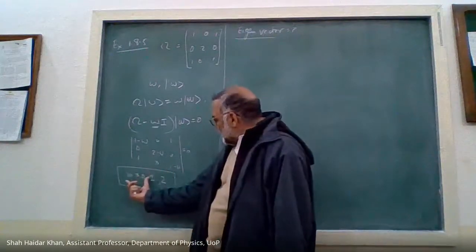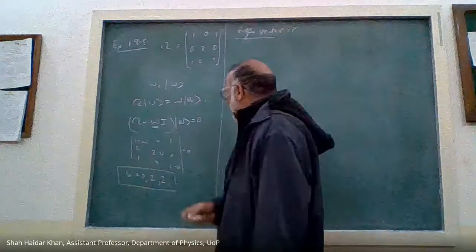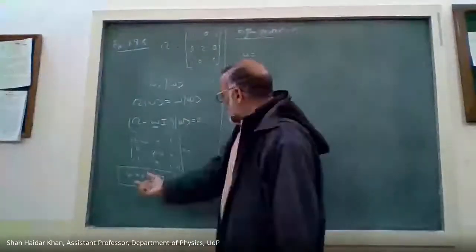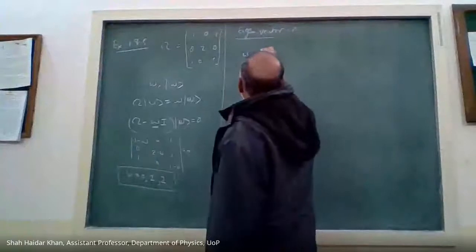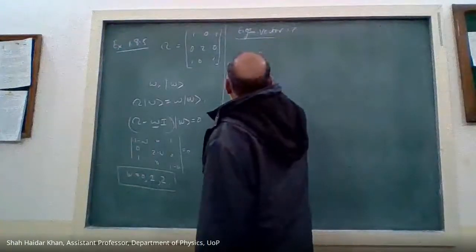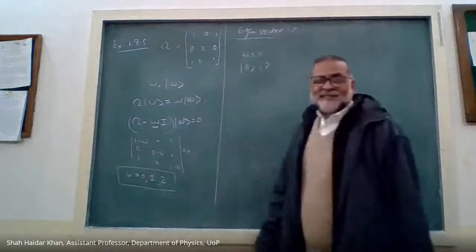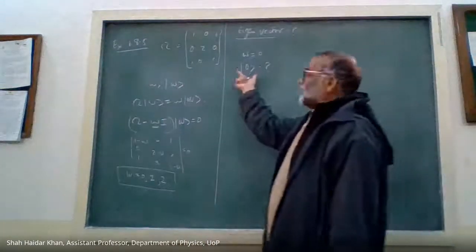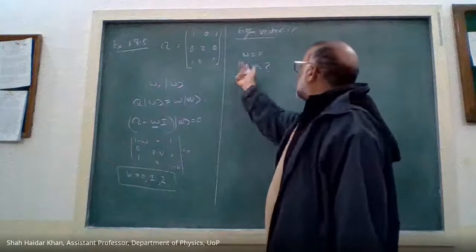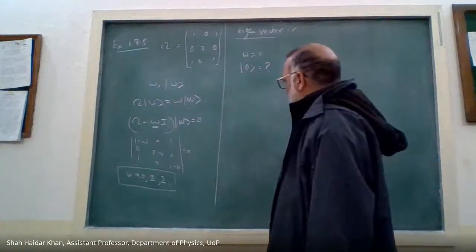So let us find the eigenvector corresponding to omega is equal to 0, right? We denote it by this. That is the eigenvector corresponding to the eigenvalue, right?